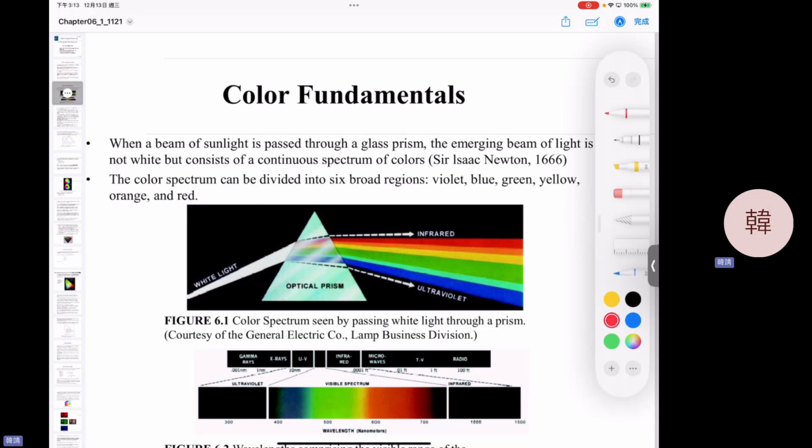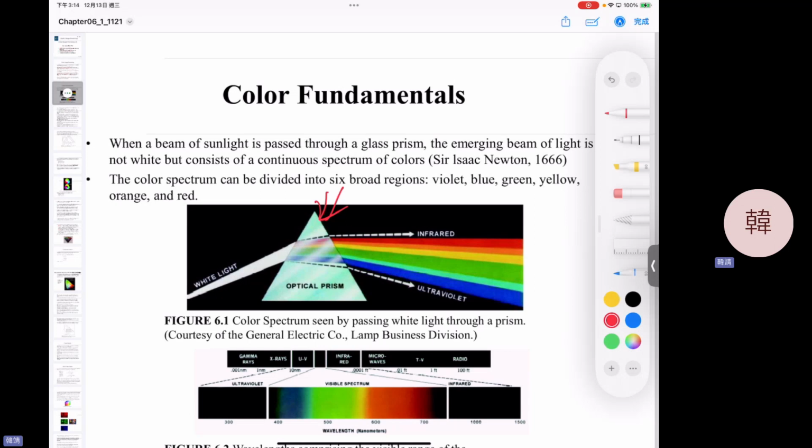If you have a prism, your white light goes through the prism, and because of the different frequencies, the waves have different bending angles.